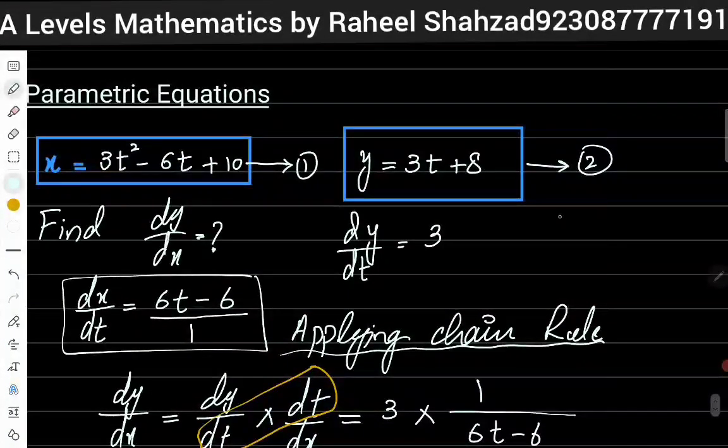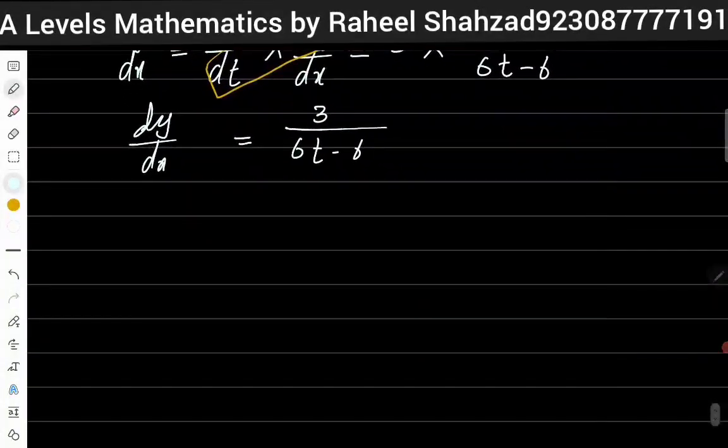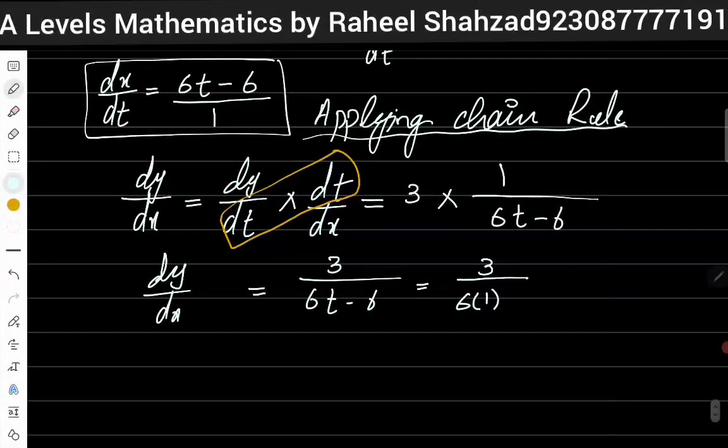In many cases, the examiner is going to give you some specific value of t. For example, in this question, if we say at t equals 1, find dy by dx, you substitute t equals 1 in it. So 6 minus 6, that's going to make infinity.